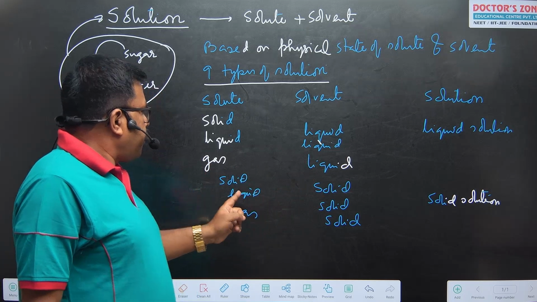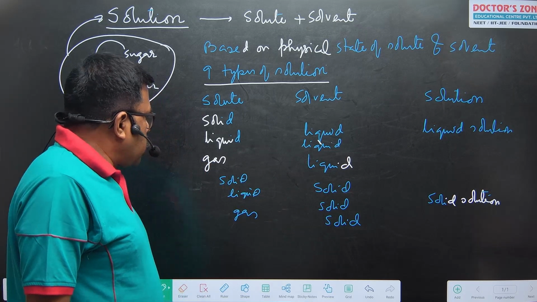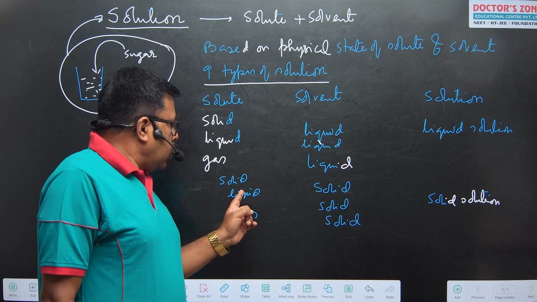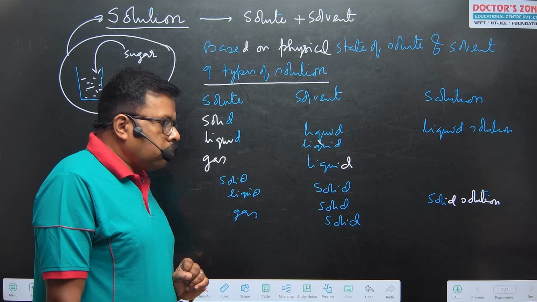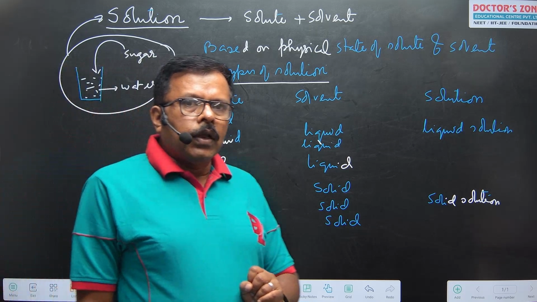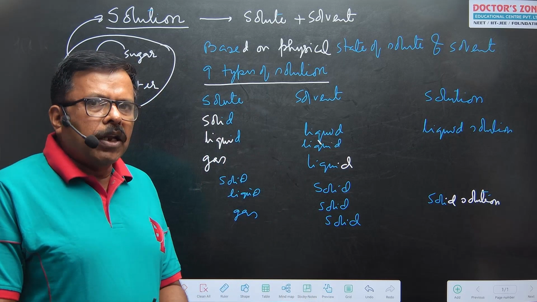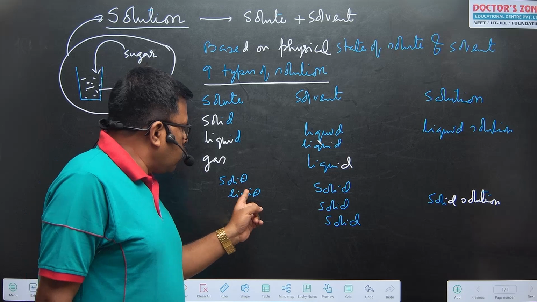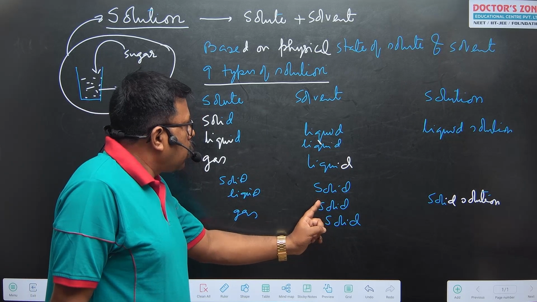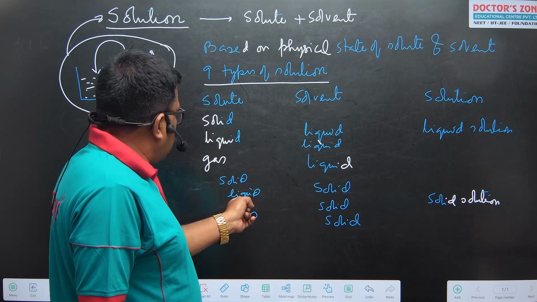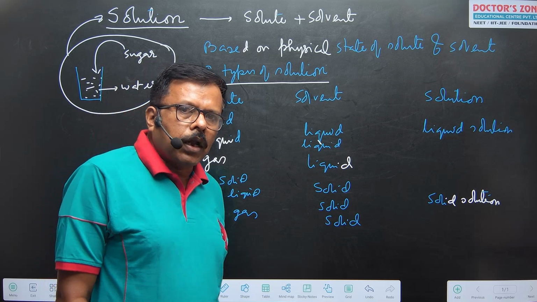What will be the example of liquid in solid? There are some hydrated salts, for example, copper sulfate pentahydrate. There, water is present in the hydrated salt.